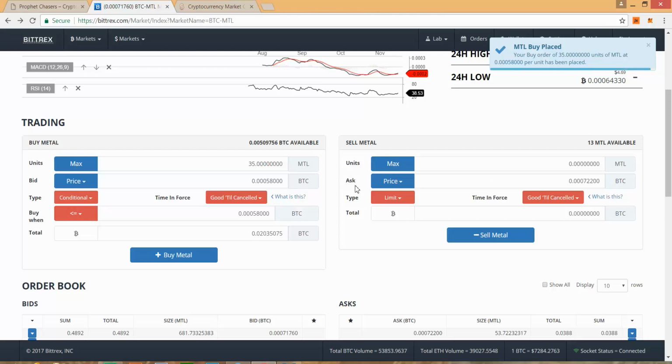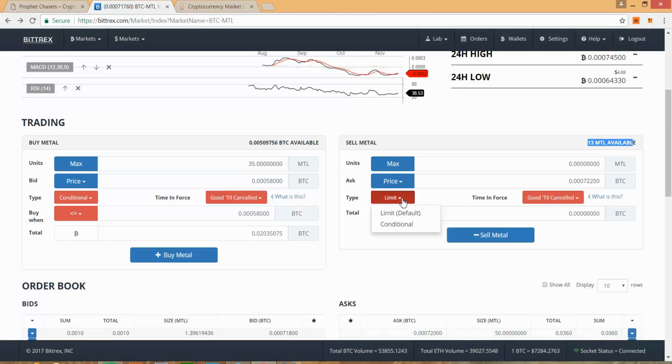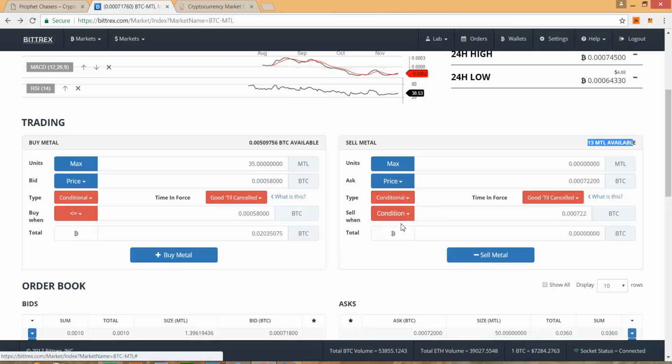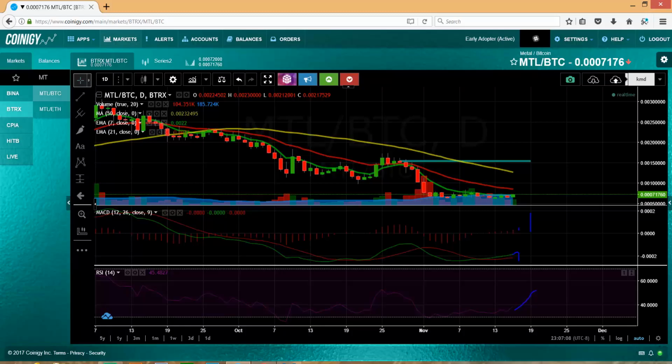So now we're going to do the opposite, because we already have 13 of these coins at our disposal right now. We're going to make a conditional, and we're going to take our profit, right, because that's what we want to do right now. So we want to take our profit at, let's make sure we get the number right. Okay, 2 zeros.